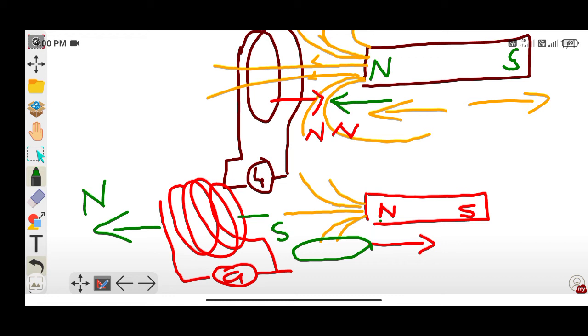And in the first case, it doesn't let it come closer because it is generating north in this way. So in the first case it is opposing by repulsion, and in the second case it is opposing by attraction, because north and south will attract each other. So this is what we mean by Lenz's law.